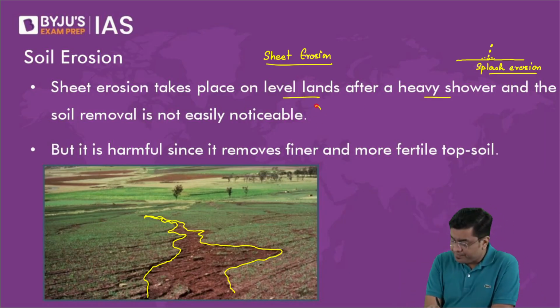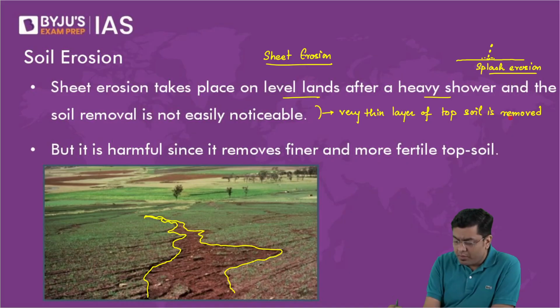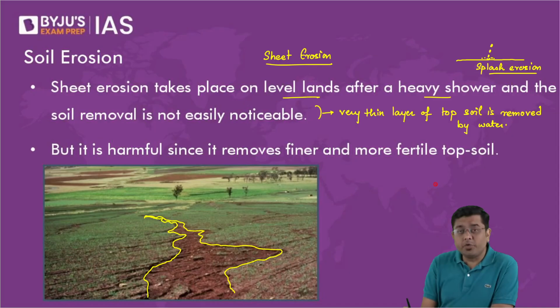So here, very thin layers of topsoil are removed by rainfall. Okay, that is sheet erosion.